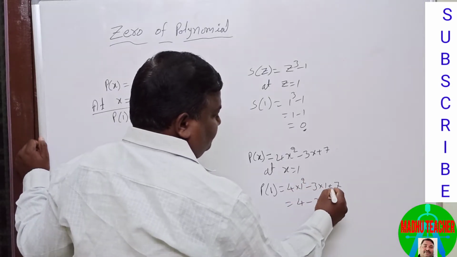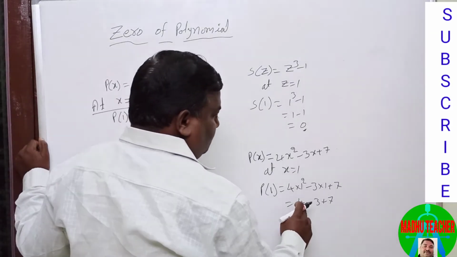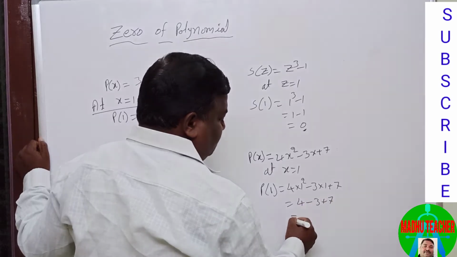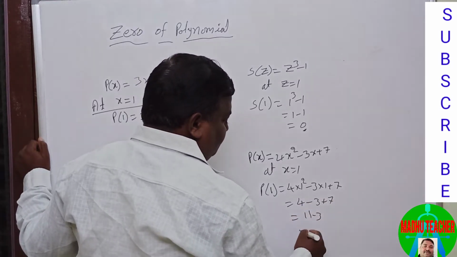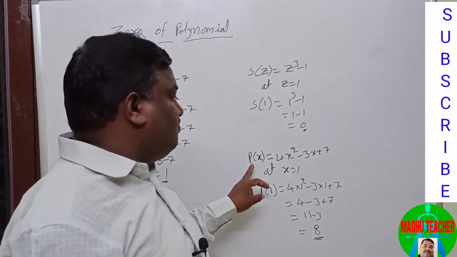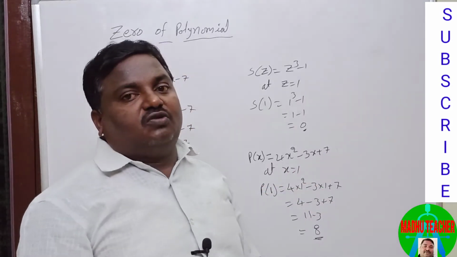Minus 3 ones are 3 plus 7. 4 plus 7 is 11, since these two have plus signs. 11 minus 3 is 8. So the value of polynomial is 8 at x equal to 1.